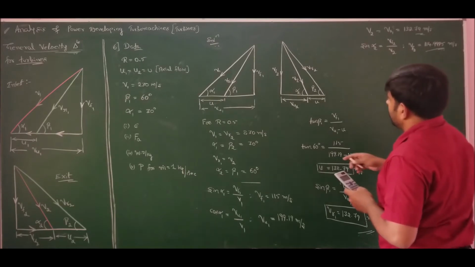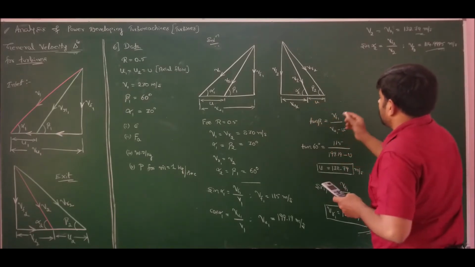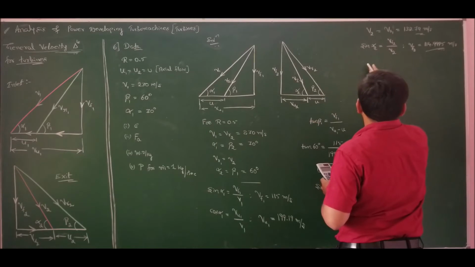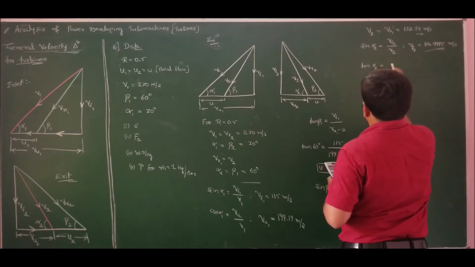Now moving ahead, if I use tan alpha 2, I can find Vu2. Tan alpha 2 is equal to Vf2 by Vu2.